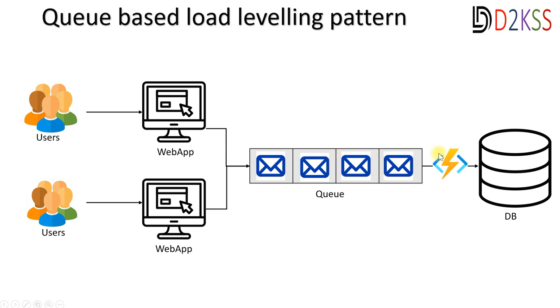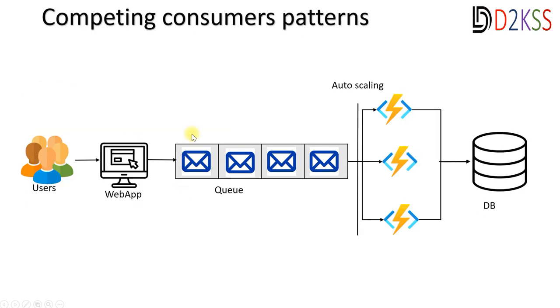From the queue you can process into the database and reduce the load on the database when multiple users are accessing the system directly. And the second approach is the competing consumers pattern, meaning when multiple users are using the system, you want to give a response very quickly. You want to process their requests as early as possible.